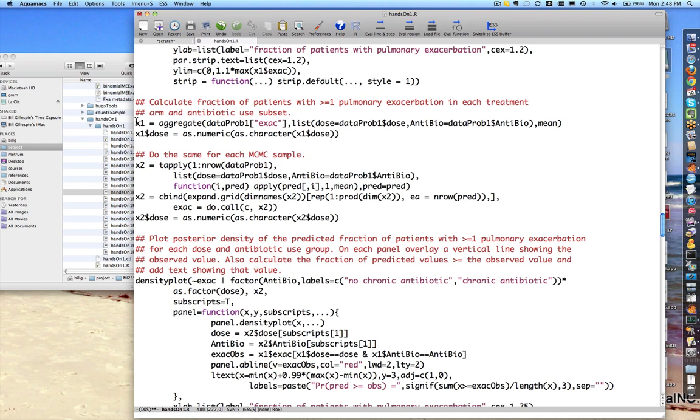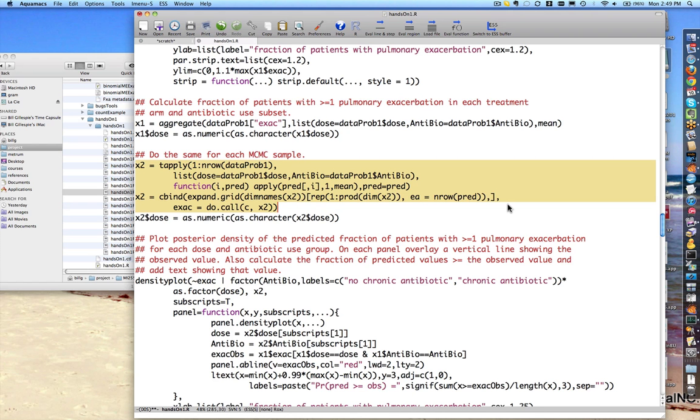I go ahead and calculate the fraction of patients with exacerbations for each arm and antibiotic use subset, and do that using aggregate. So that's the same story as before. And then I do the same for each of the MCMC samples.